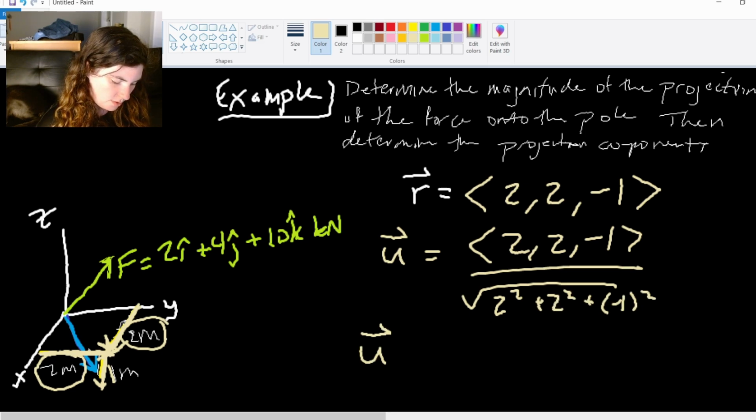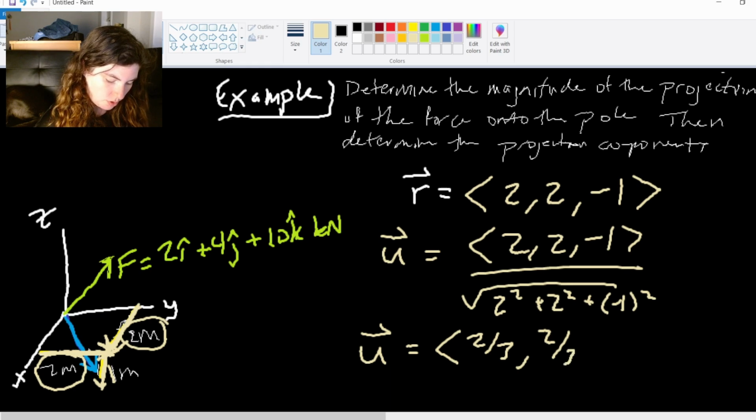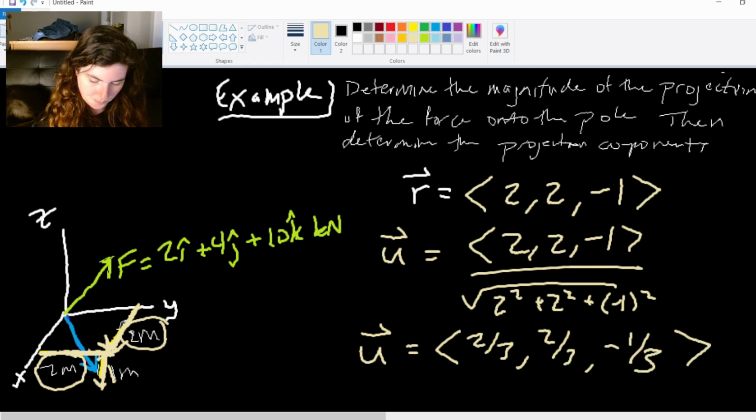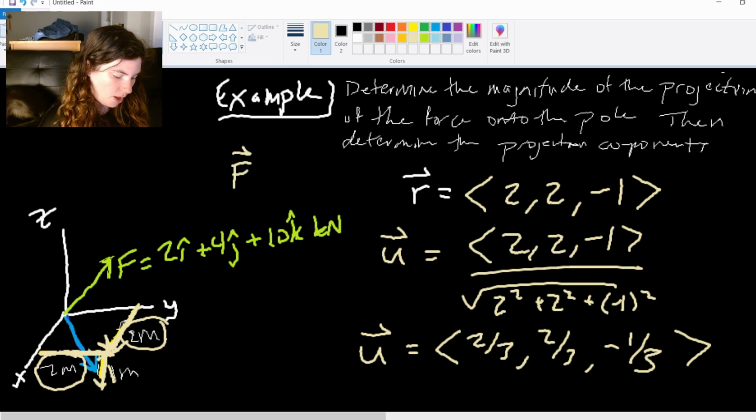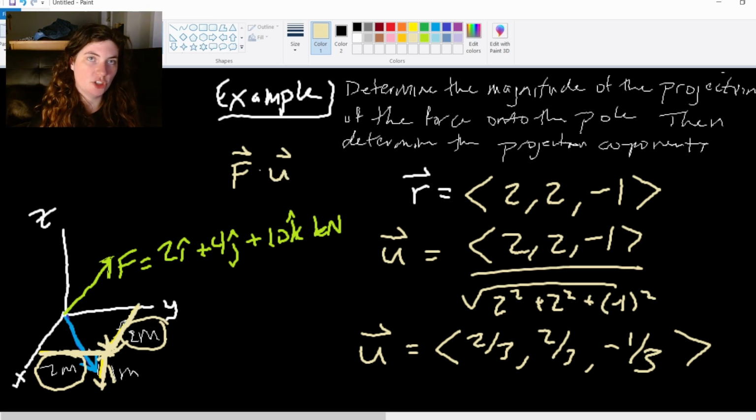So we end up with a unit vector of 2/3, 2/3, and negative 1/3. Now to find the projection, our projection is going to be the dot product of F dotted with the unit vector. And that's going to give us the magnitude of our projection of the force along the pole.